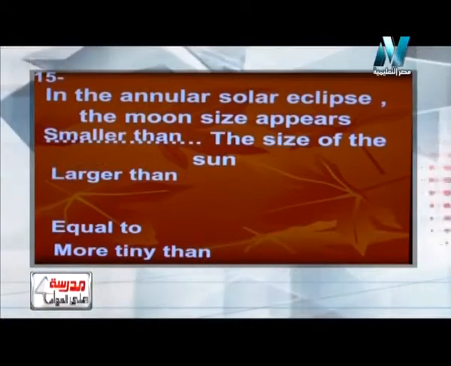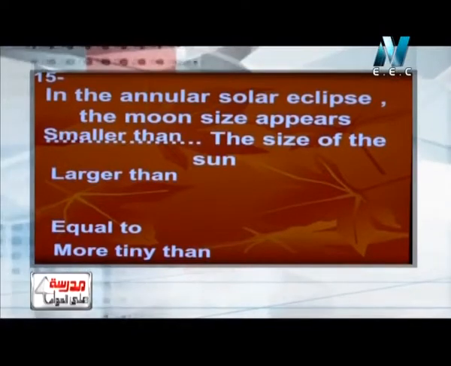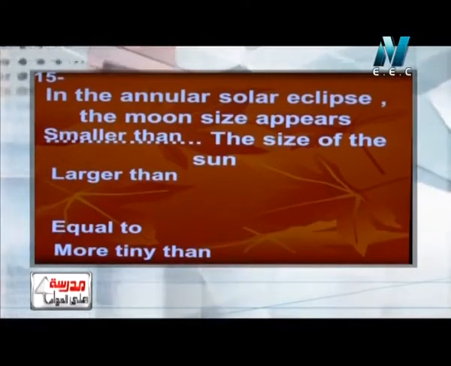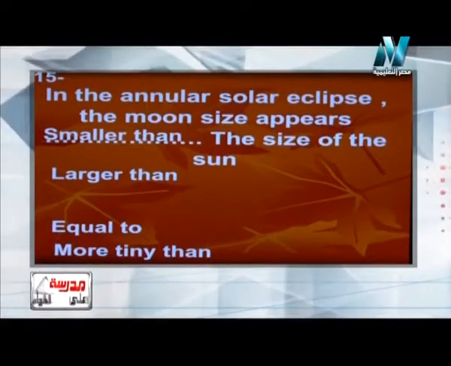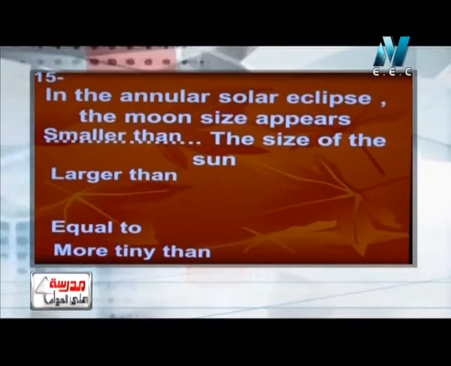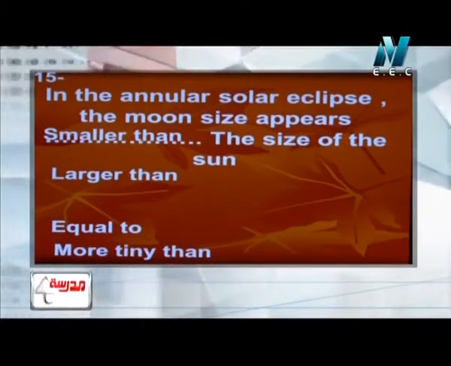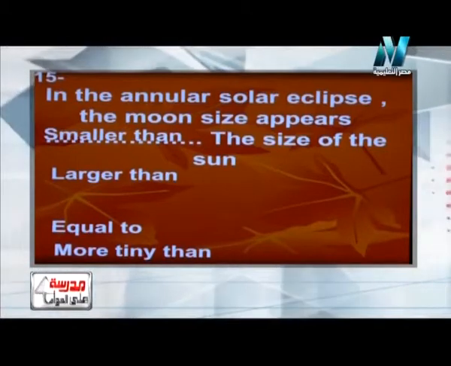But in the total eclipse, it will be equal to the size of the sun. So we must differentiate between the size of the moon and the size of the sun in each type of eclipse.